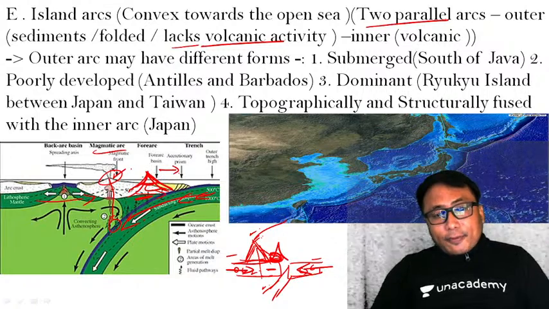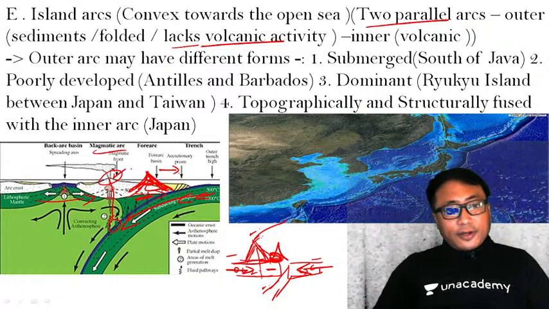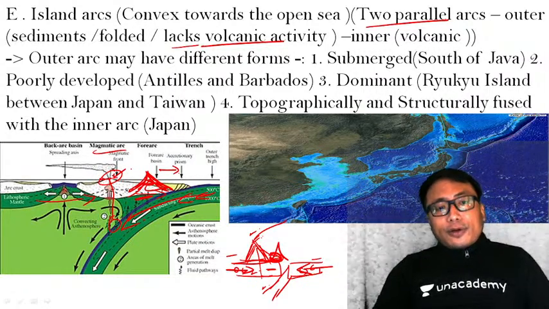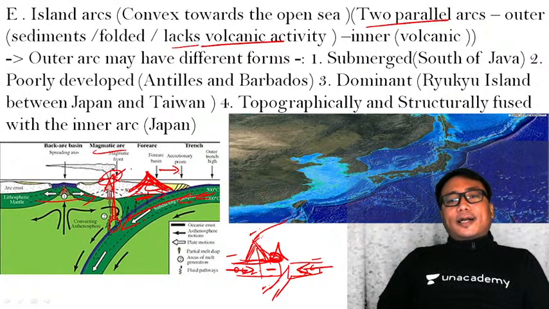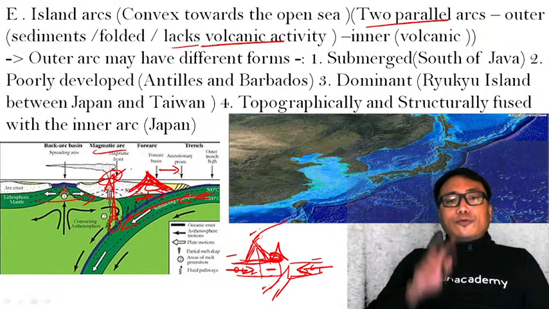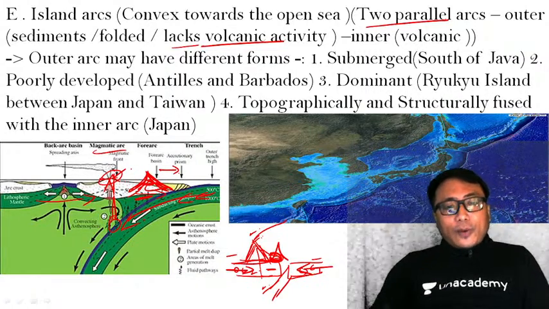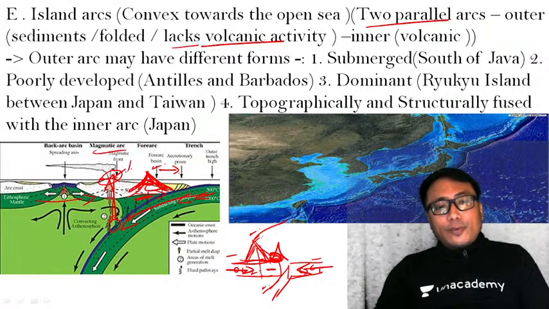Because this type of peak is because of the folding of the sediments itself, not because of volcanic activity. But the inner arc is purely because of volcanic activity. So the entire island arc will have two parallel arcs. The outer one is the folded one, and the inner one is the volcanic one.